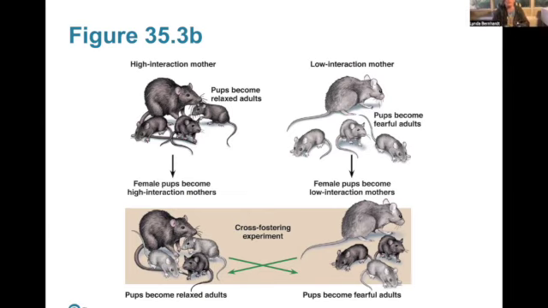This shows you that nurture is huge. Then they wanted to see, was it that it was nature, that it was a gene that caused it? So they took pups from the low interaction mother, gave them to the high interaction mother, and pups from the high interaction mother and gave them to the low interaction mother.